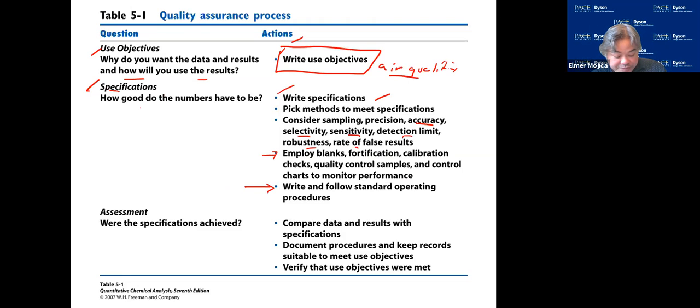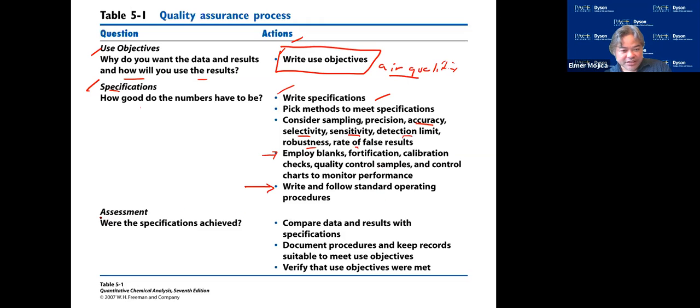In the specification, you just try to determine how good the number should be. What precautions must be used in the analytical procedure, and how should samples be collected and preserved. And we go one by one later on the different analytical figures of merit that were discussed here.